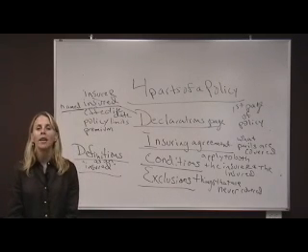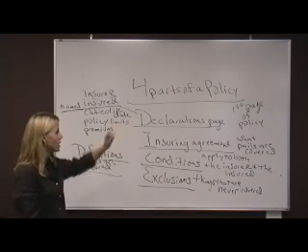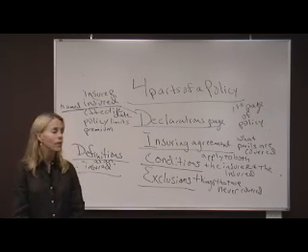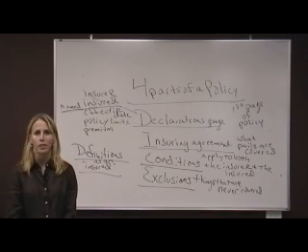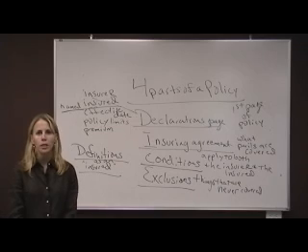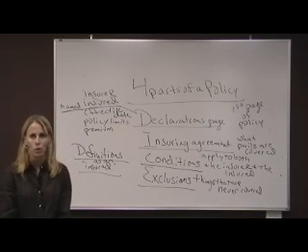For example, I am the named insured on this auto policy. Where is my name found? Declarations page. Who else is covered as an insured is found within the definitions of the policy. On my auto policy, it would include any permissive user. So the auto policy is very broad as far as who is covered as an insured.